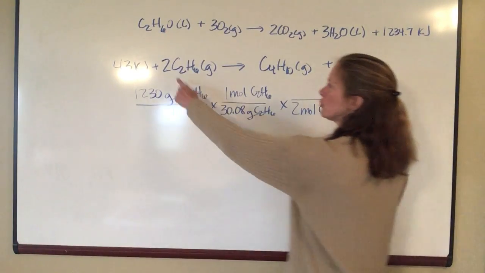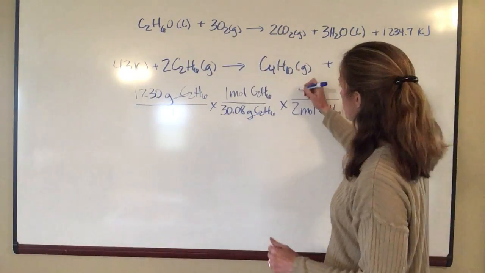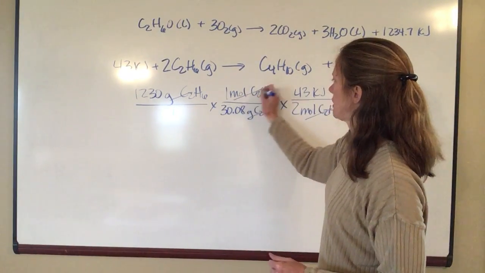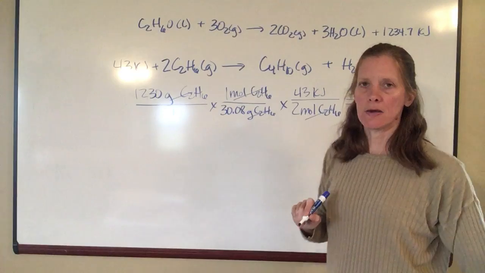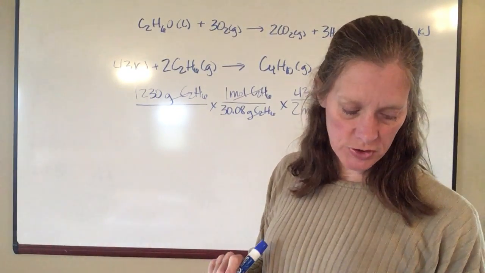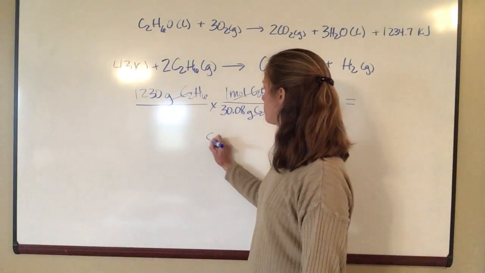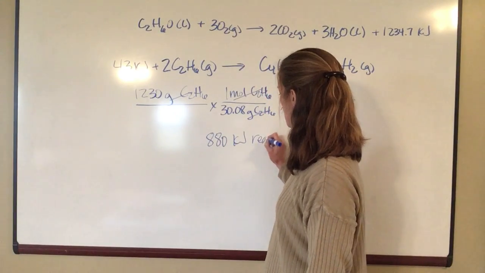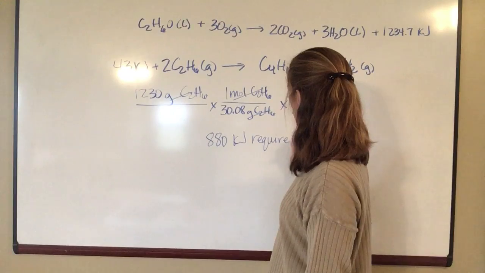And for every 2 moles of that, I require 43 kilojoules. So moles of C2H6 will cancel. And then when I crunch all those numbers together, I end up with 880 kilojoules of energy that are required for this particular reaction.